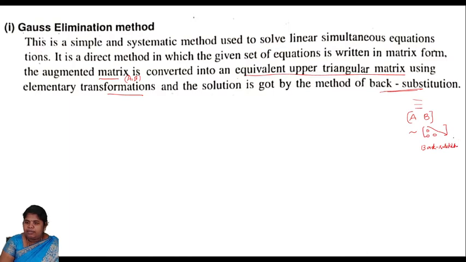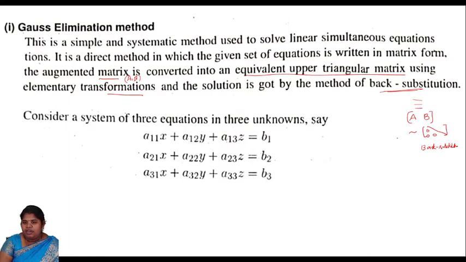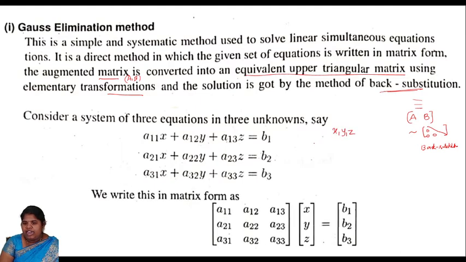Now consider the system of equations in three unknowns. Three equations, three unknowns. The unknowns are x, y and z. We write the coefficient matrix as a11, a12, a13, a21, a22, a23, a31, a32 and a33.